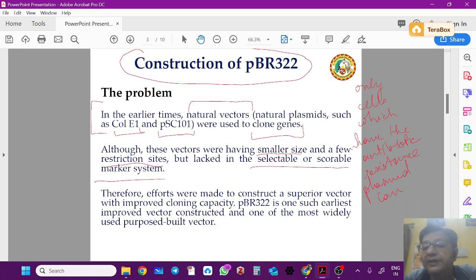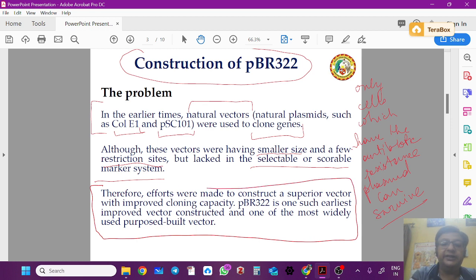If it's an ampicillin resistance and you grow it in ampicillin media, only the cells which have the plasmid with the selectable marker antibiotic gene can survive. So that the cell is transformed, you can select these as transformed cells by seeing the resistance to antibiotic.